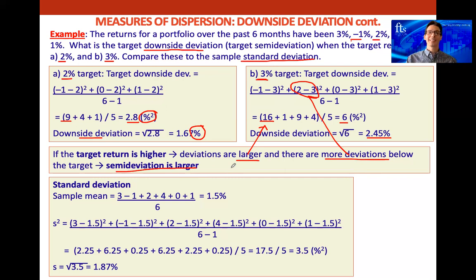Okay, so I just wanted to highlight that, as I said, these kind of conceptual things are very important. If we compare it to the standard deviation, you can just do the standard deviation here like we've done before, just to double check.